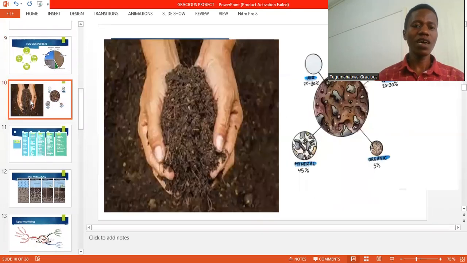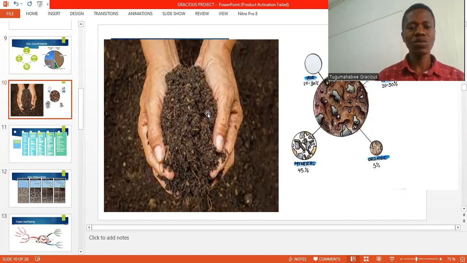The next thing under components, I will bring a diagram to show them the soil that I am talking about so that they understand it, as I have said above.